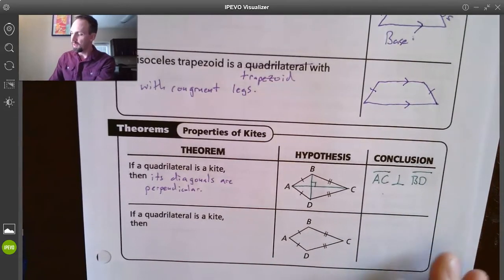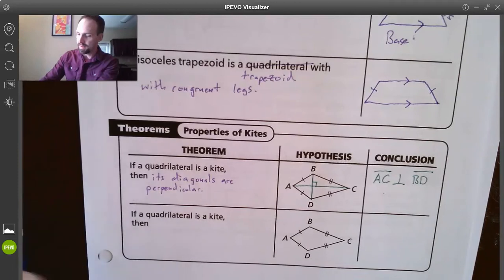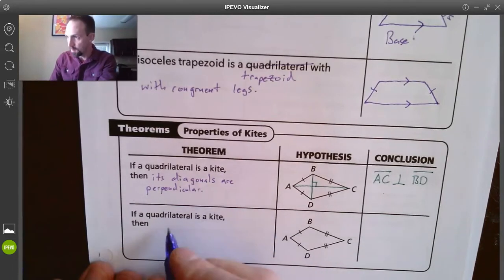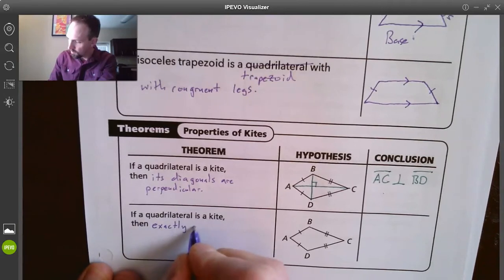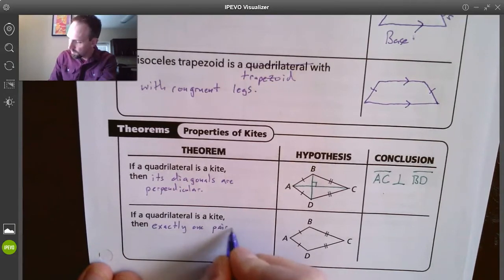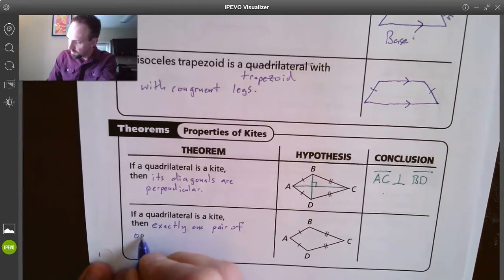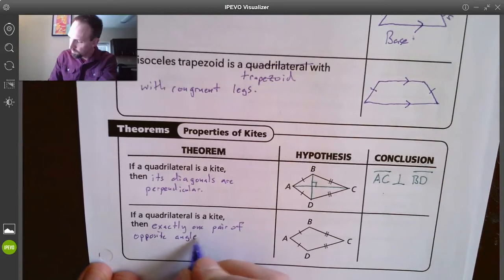So there's that one. And then if a quadrilateral is a kite, then exactly one pair of opposite angles are congruent.